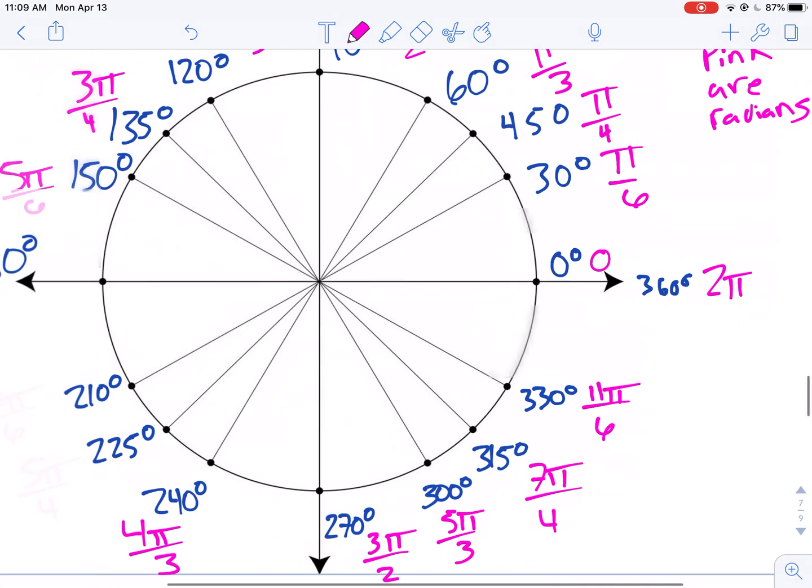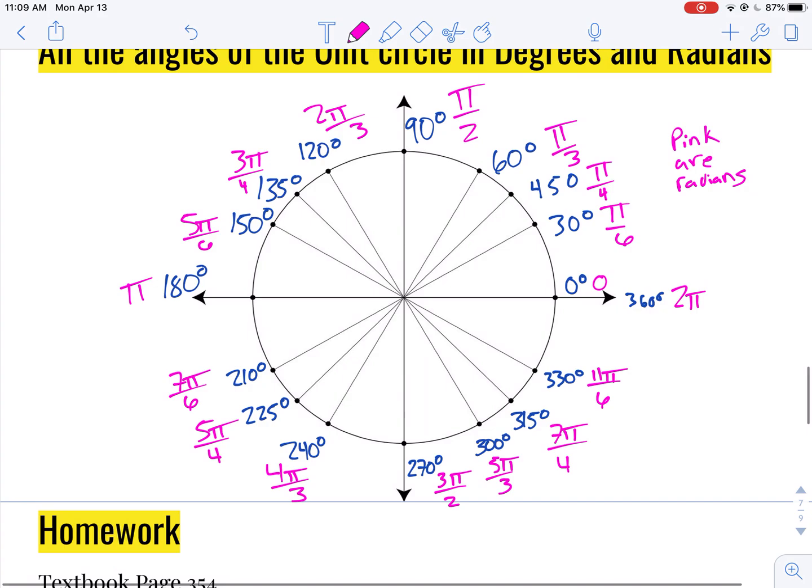This is also 0 radians if I don't move at all. So now I have every single angle of this unit circle in both degrees and radians. Again, I went through those radians quickly. I've been doing this unit circle a long time. I know it like the back of my hand.